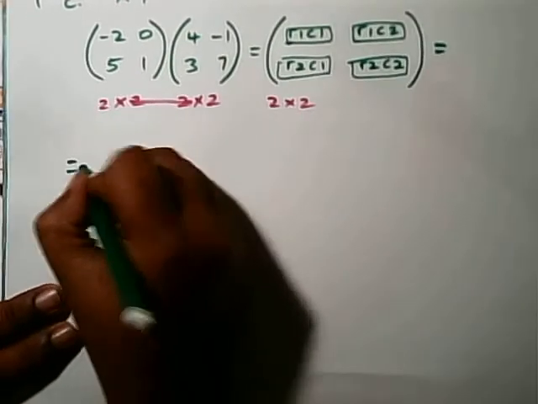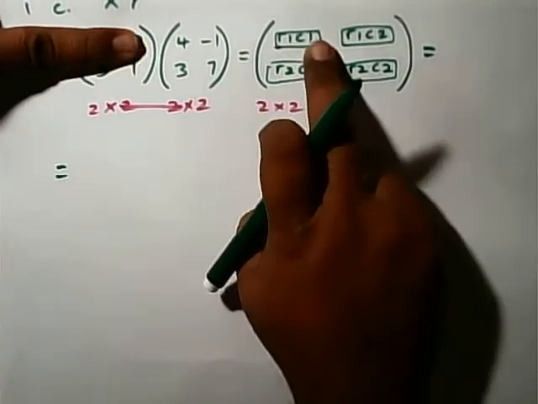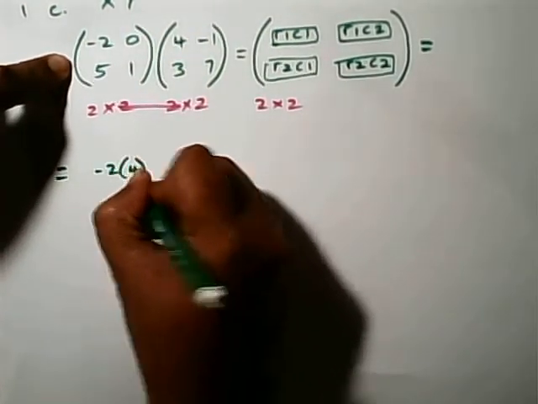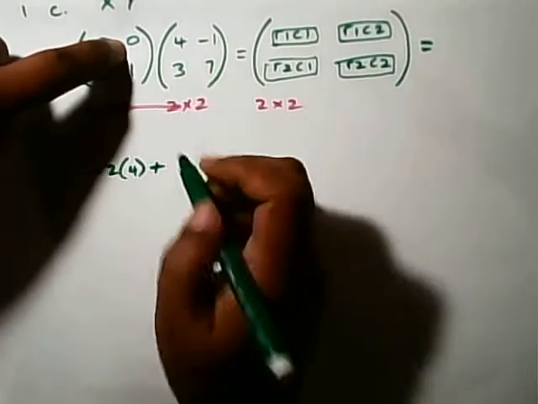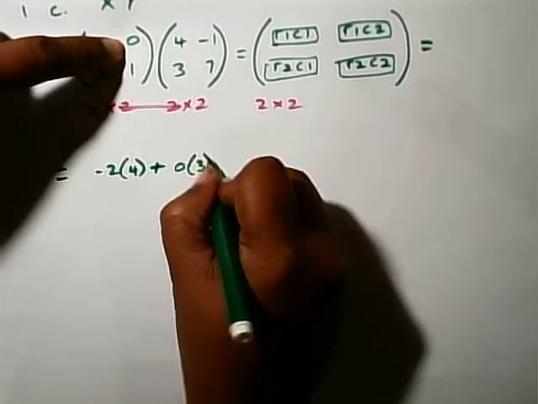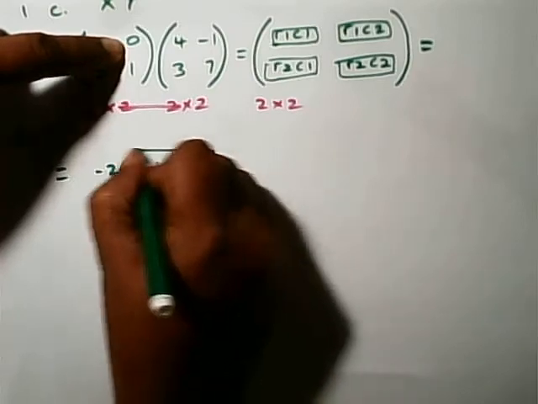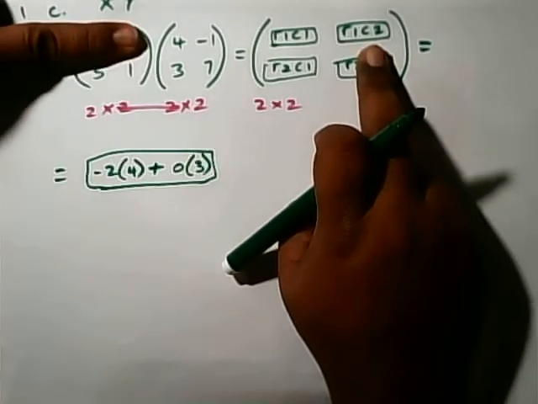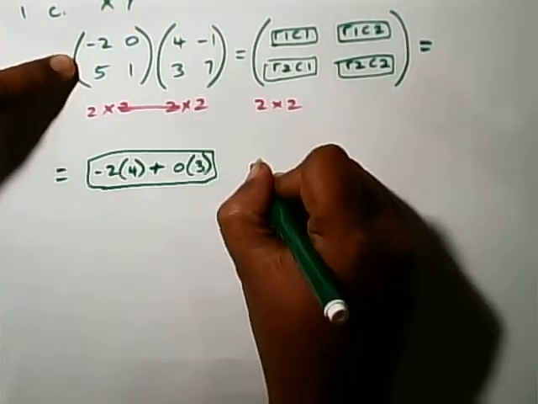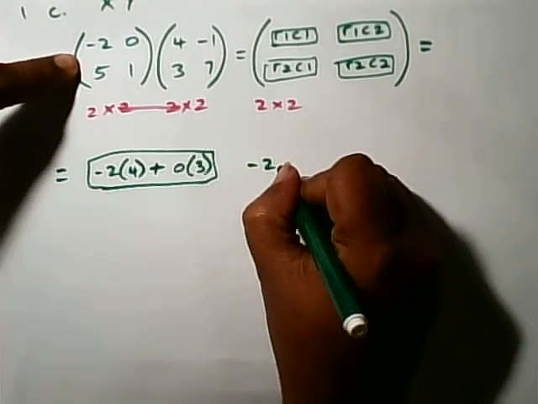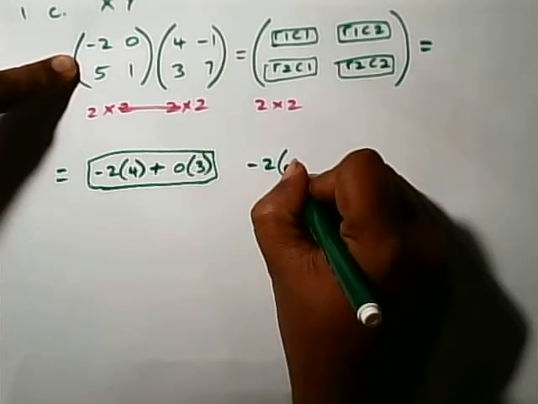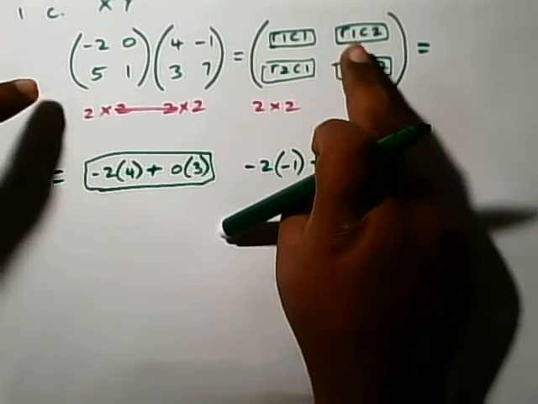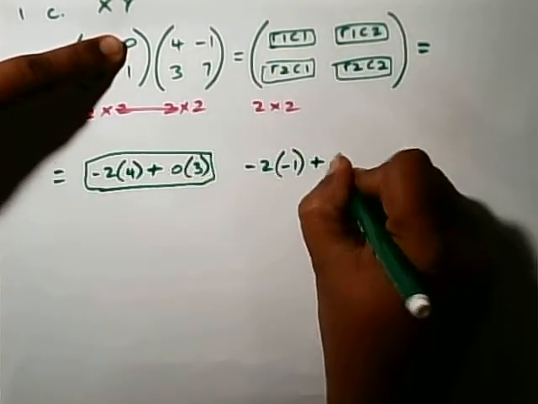Okay, we continue. Row 1 by column 1. Minus 2 multiplied to 4 added to 0 times 3. Next, row 1, column 2. Row 1 by column 2. Minus 2 by minus 1 added to 0 by 7.